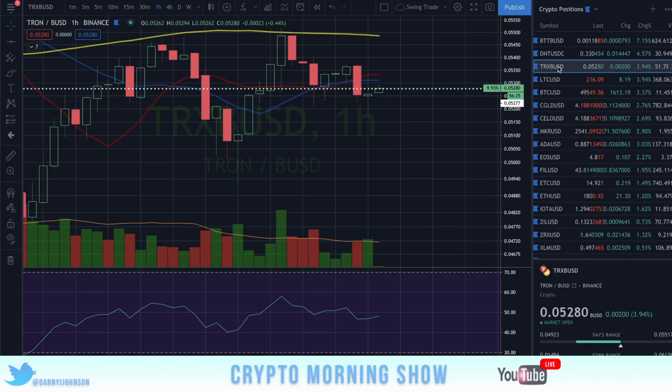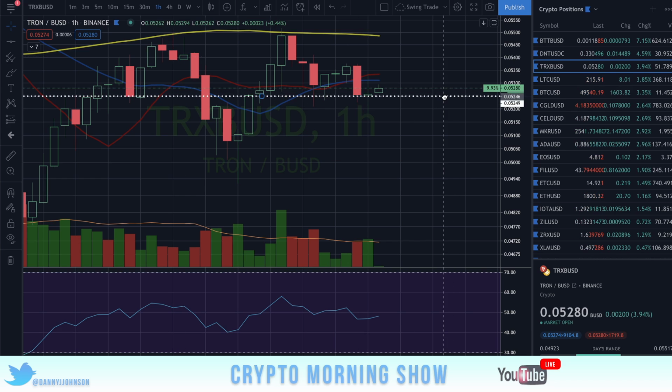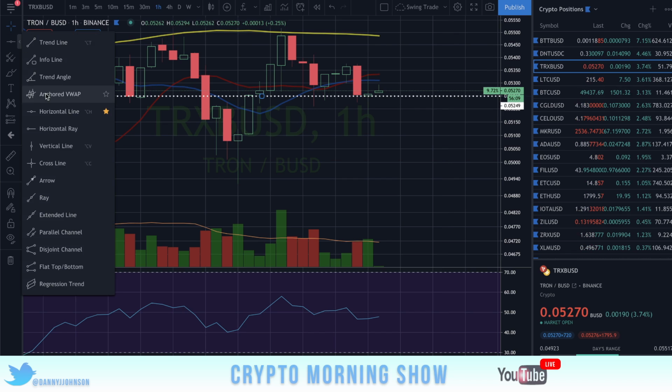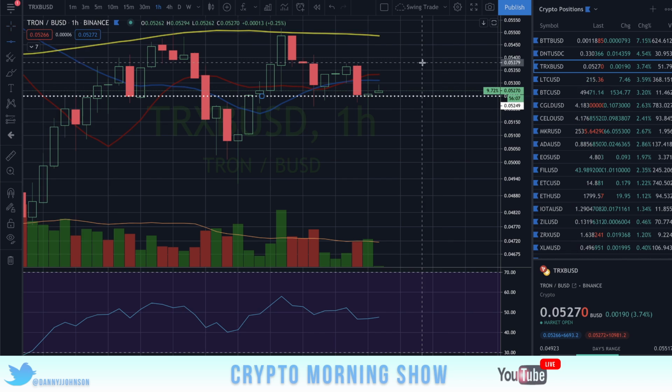TRX USD. This is Tron, and on the Binance data feed, we have support for Tron at 0.05246. First level of resistance to encounter is going to be up around 0.05381.